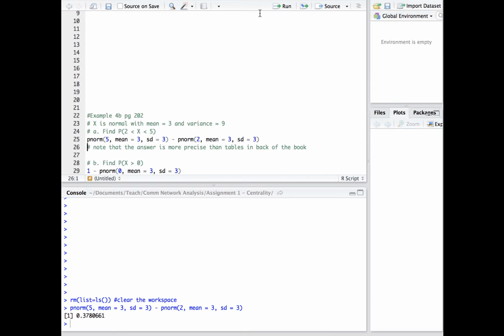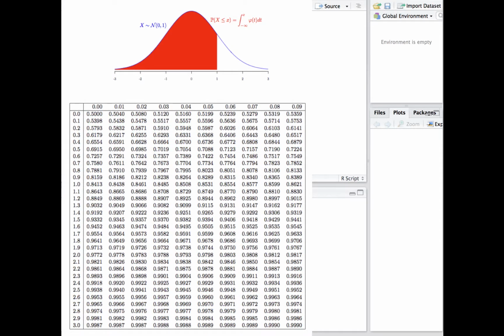You will note that the answer that I'm using is more precise than the tables. If you look at the book, there are some tables in the back, and the tables are basically where people back in the day have gone through and calculated the probabilities given a standard normal distribution, and then the book tries to have you convert any normal distribution to a standard normal so that you can look up those integrations in the back of a statistics textbook.